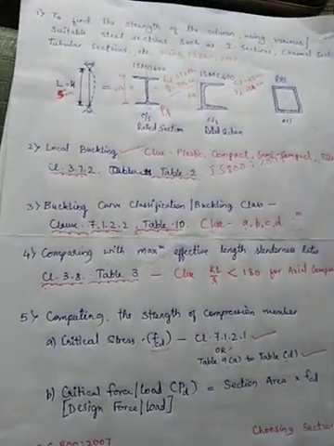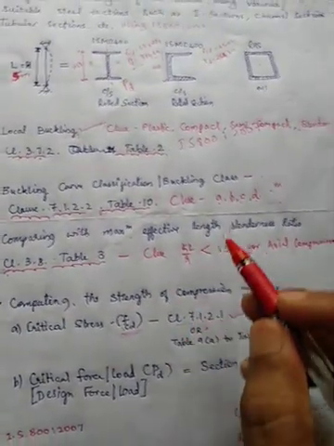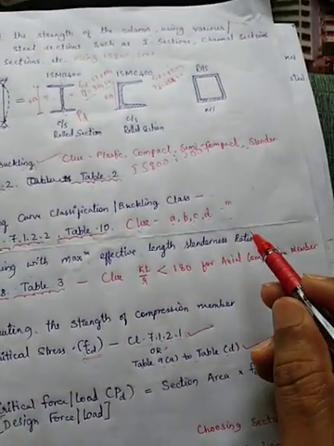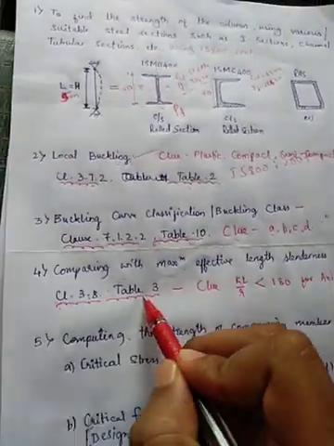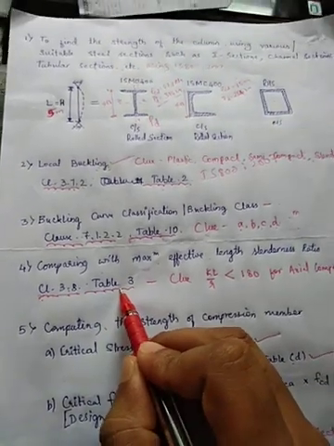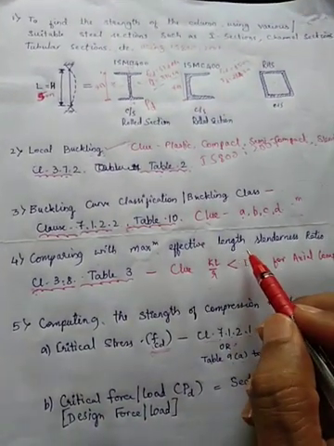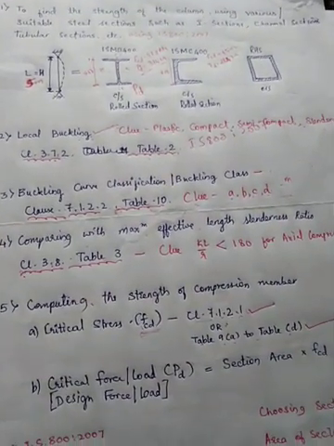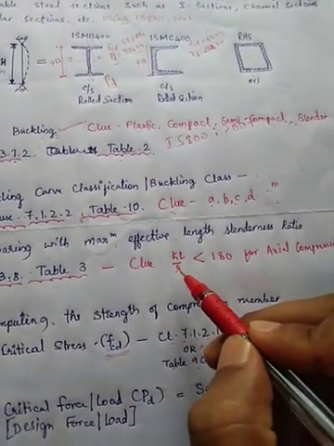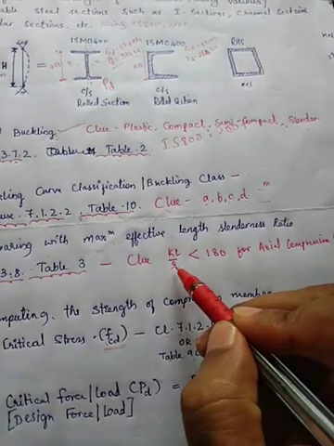My next step is to find the effective length slenderness ratio. From clause number 3.8 and table number 3, I will find out the maximum effective length of that section. So here the effective length slenderness ratio is given by KL by r.